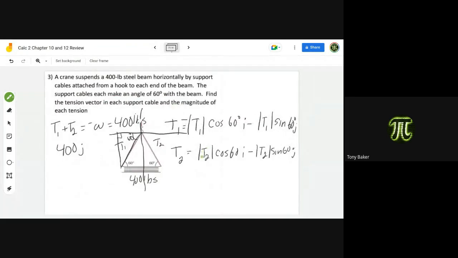So we go back to my initial two problems, and now we plug everything in.